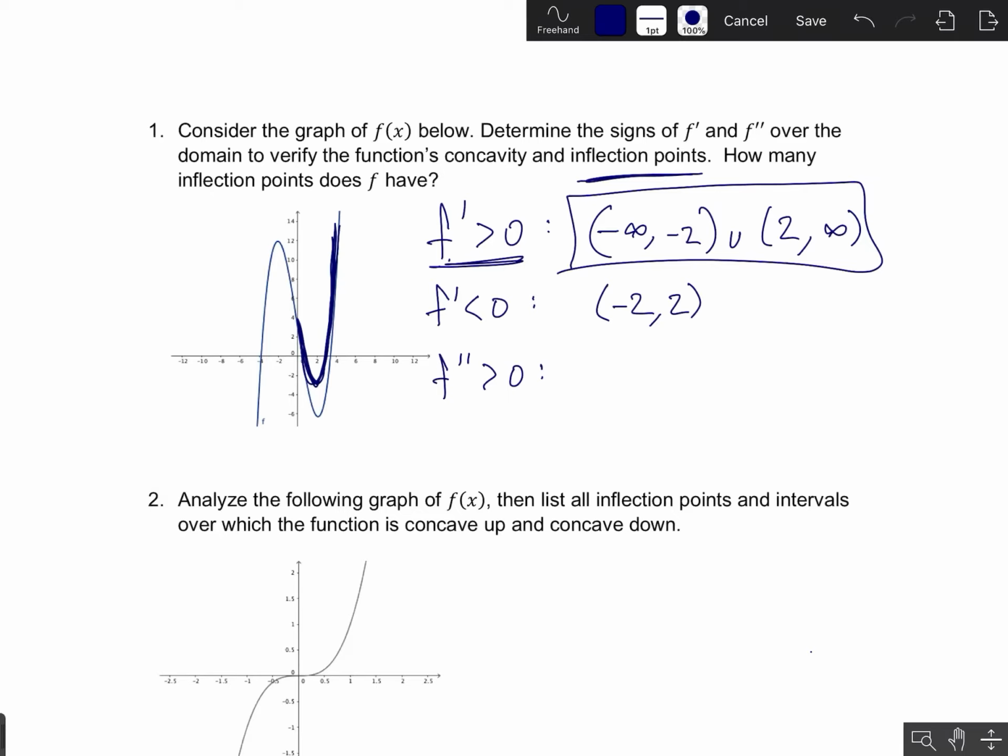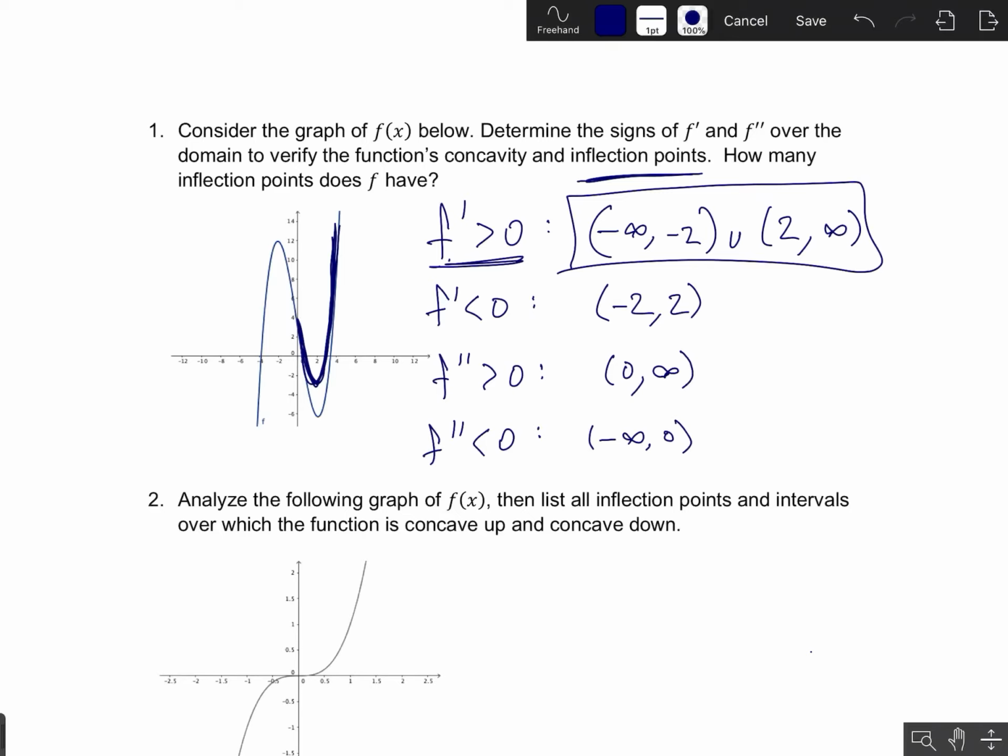So I would say that this graph is concave up from 0 to positive infinity. And it looks like f double prime will be negative over here on this other side. So here we would have negative concavity. So f double prime will be negative if you live to the left of 0, which would be from negative infinity to 0.